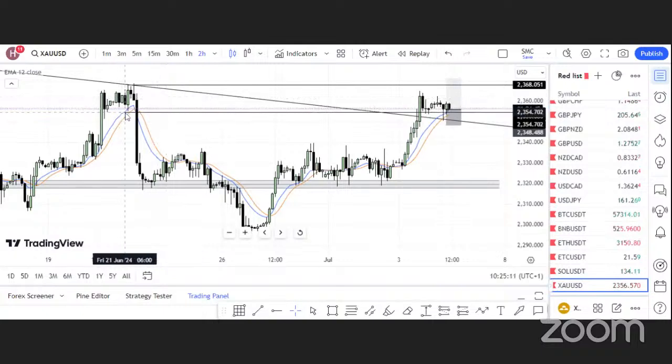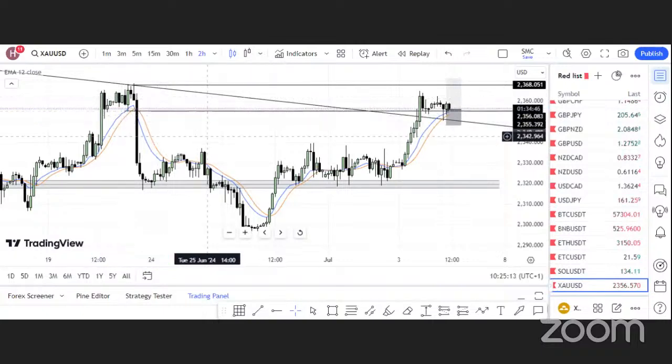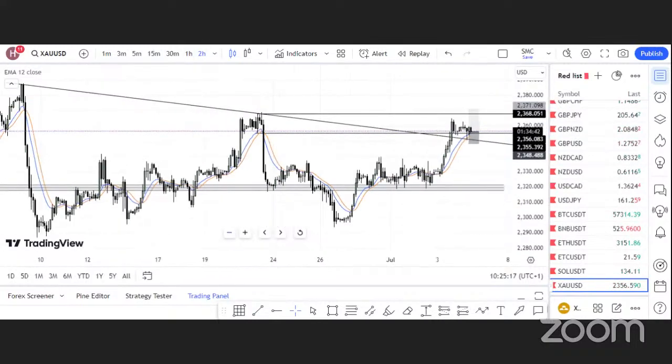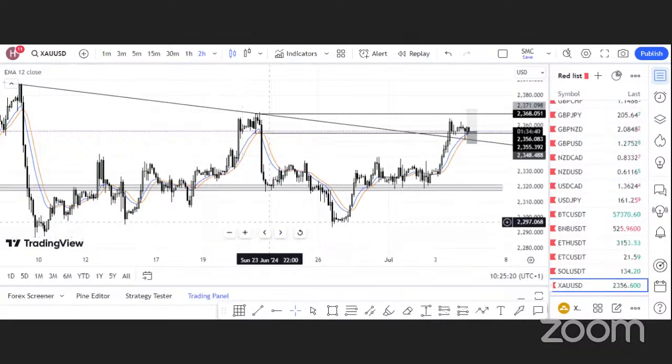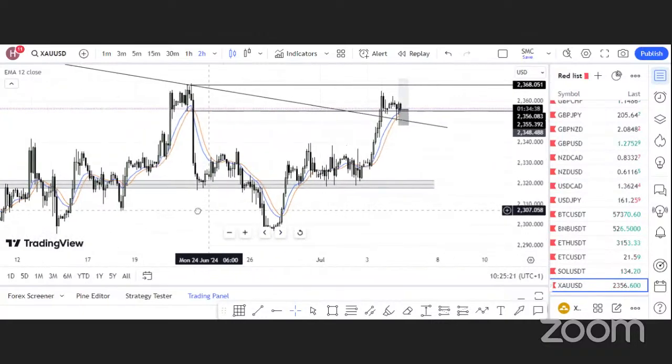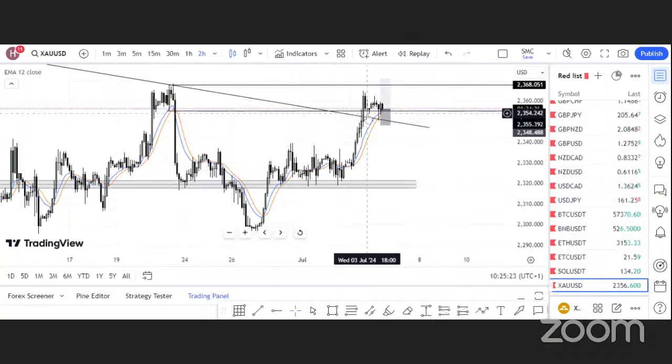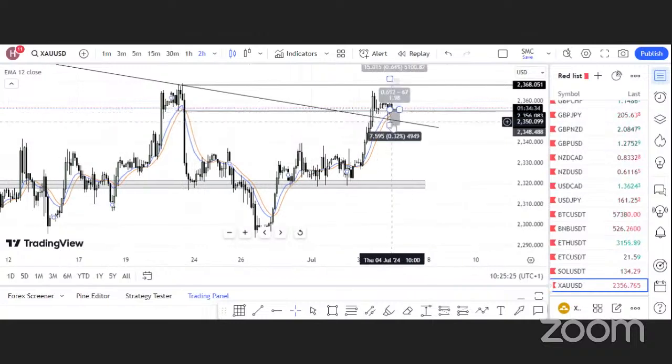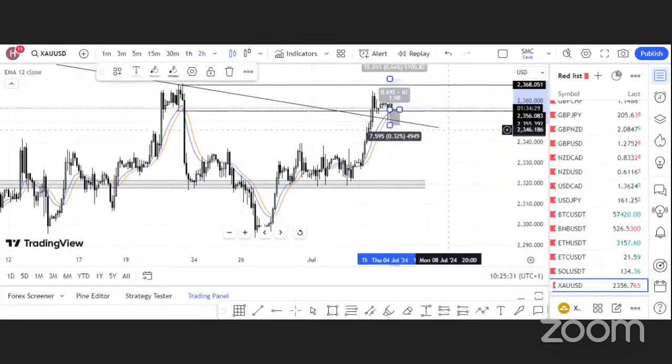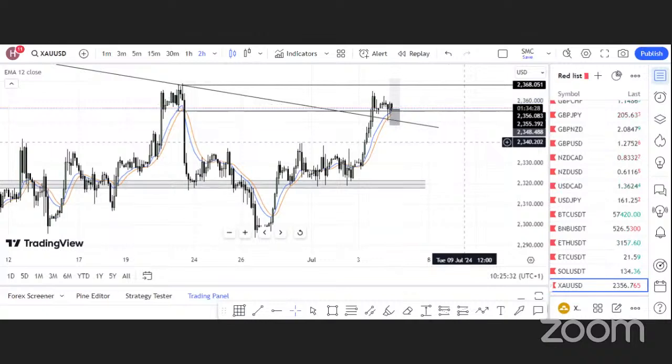So the whole of this area is actually a level. On the norms, we have to wait for the market to break this whole level before we can look out for a buying opportunity.